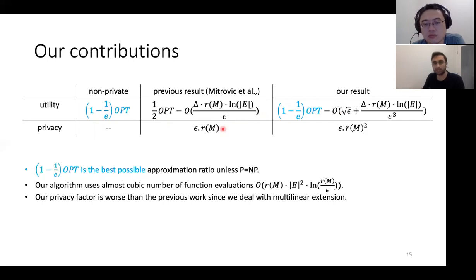And our privacy guarantee is epsilon times rank of matroid square, while the privacy in the previous result was epsilon times rank of matroid. And note that this 1 minus 1 over E approximation ratio is the best possible one can achieve. So later in the talk, I will explain about this additive error, and then we will go in more detail and explain the parameters in the additive error, okay?